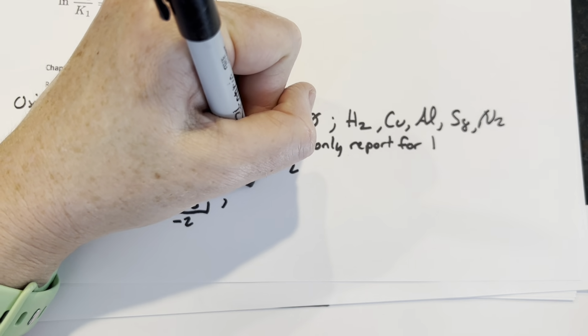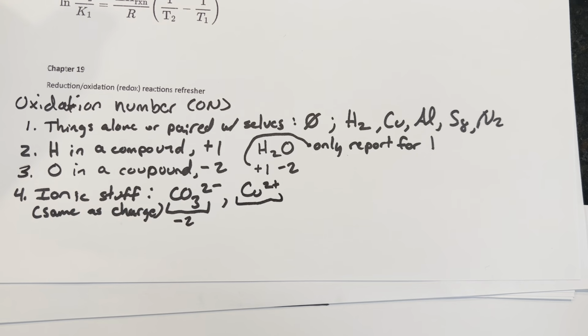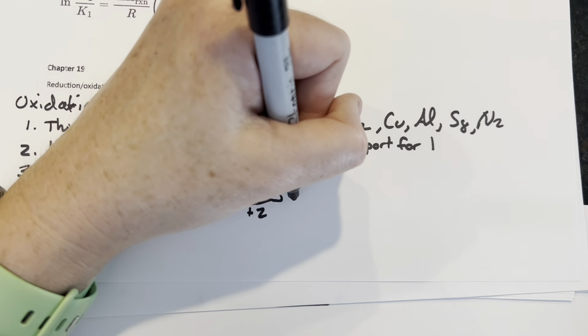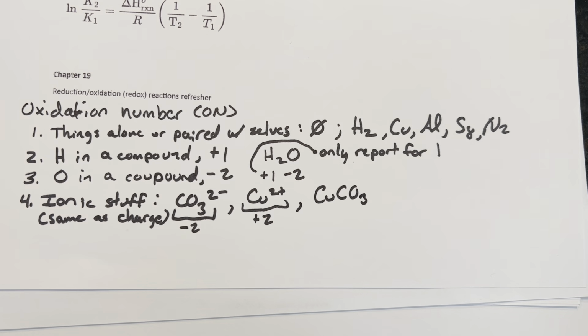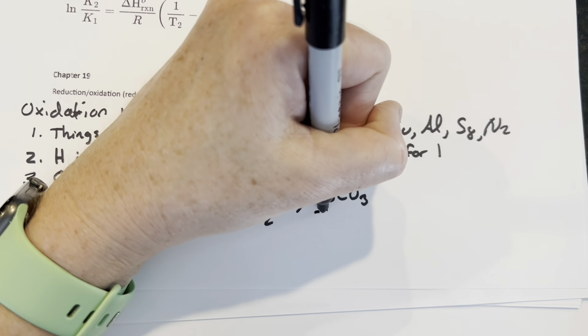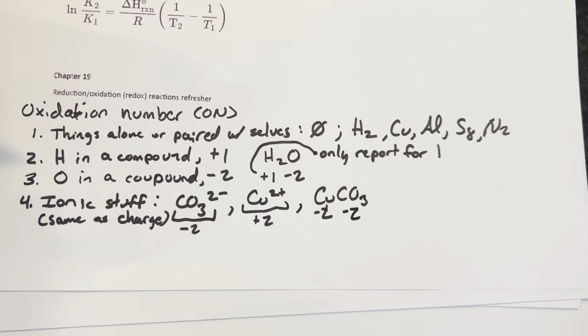If you have something like copper 2+, the overall oxidation number is going to be +2. And if you have copper(II) carbonate specifically, the oxidation number of copper would be +2, and the oxidation number of the carbonate would be -2. That's how you would write it.